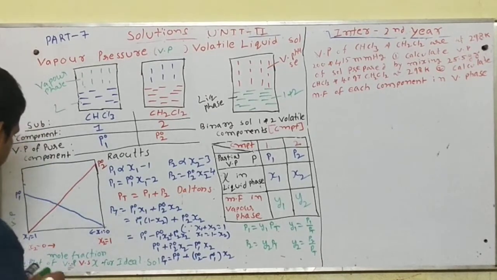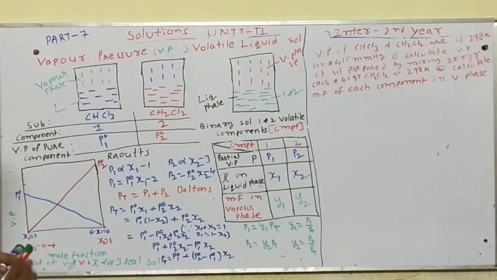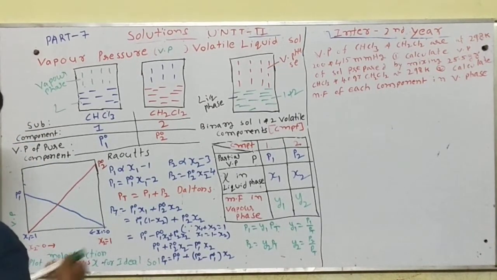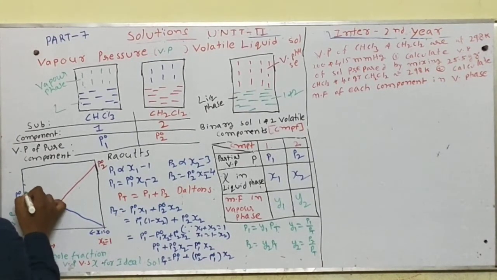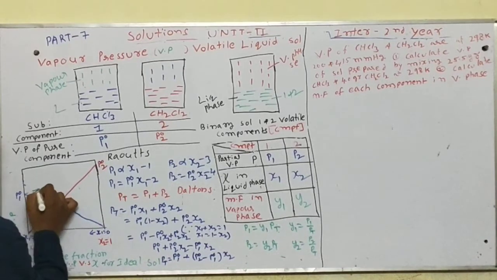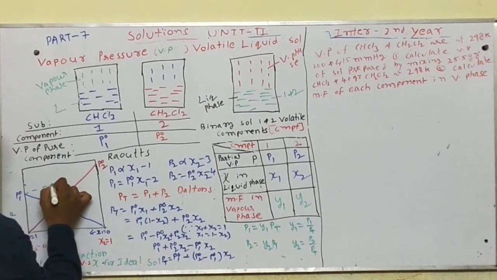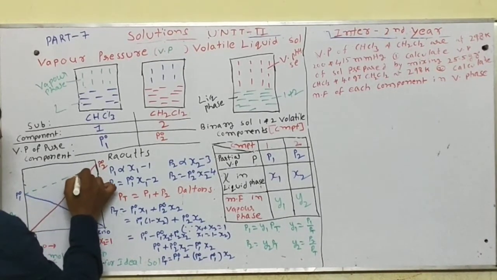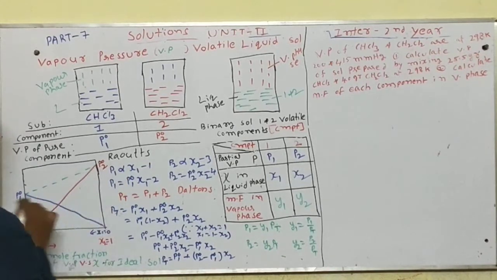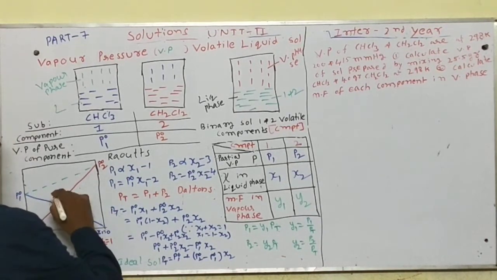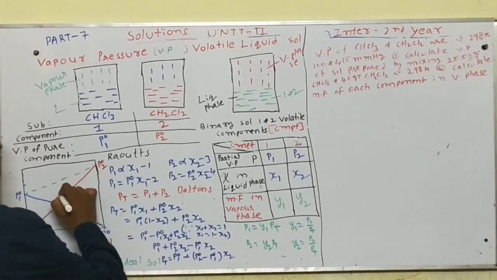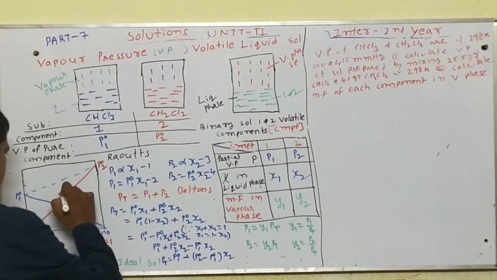Now the total vapor pressure, that is Pt. By joining these two corners, we get the total vapor pressure. This is P2, the partial pressure of component 2.